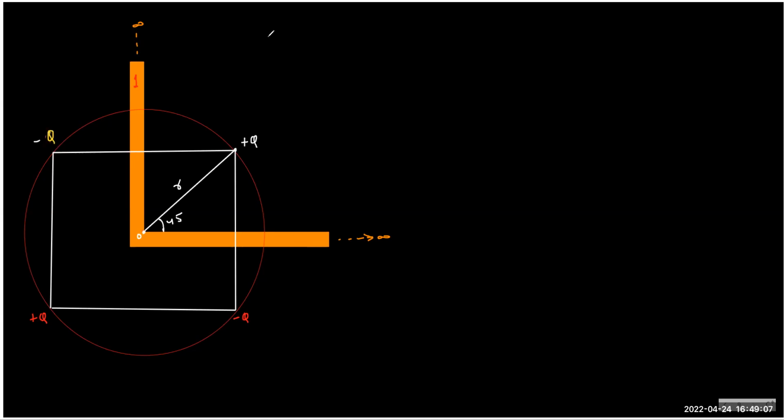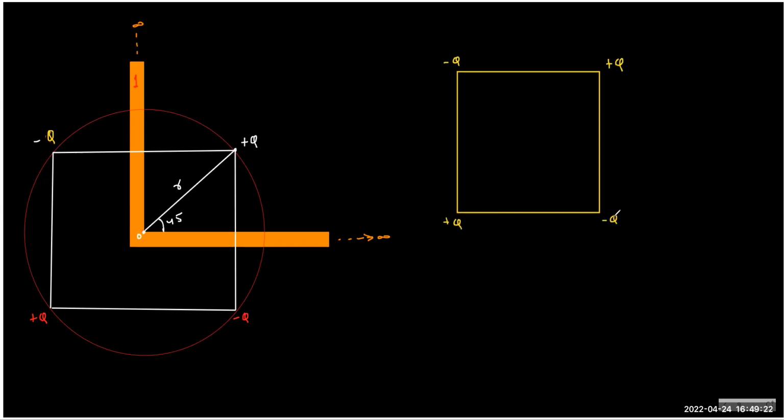So now we have a question. Now this question is like a rectangle. It's like a square because it's 45. In case of a rectangle, if I give you four charges, and the diagonal will be how much? So it's a square problem.